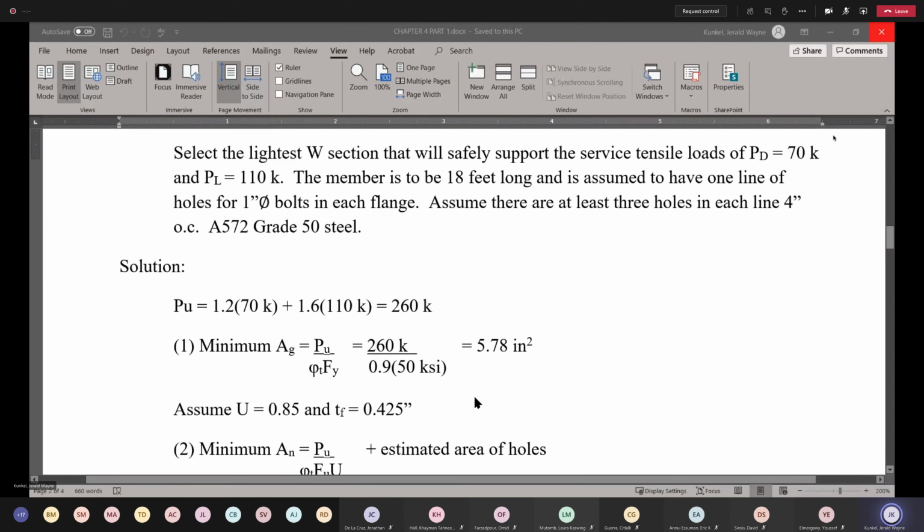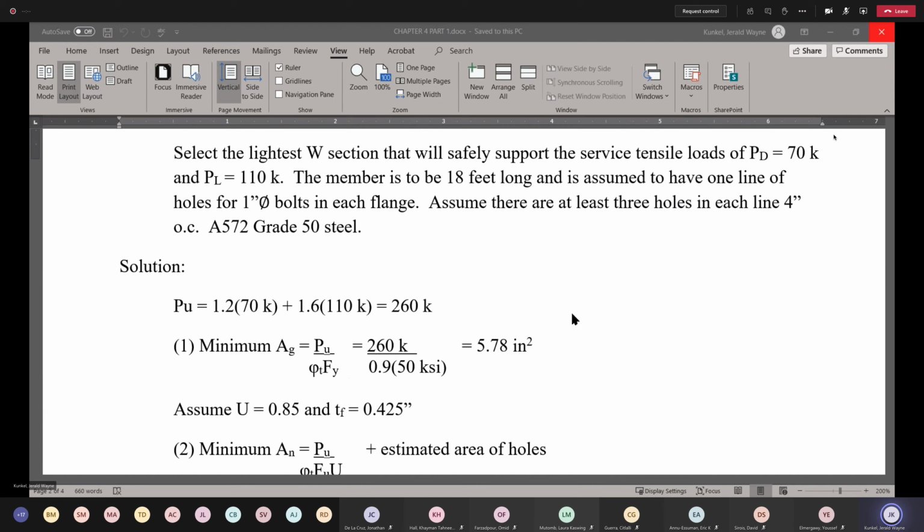So we need to know what area member, and that's the only thing we got to go by, what area member will carry 260 kips. So we'll go back again to the beginning of chapter 3.